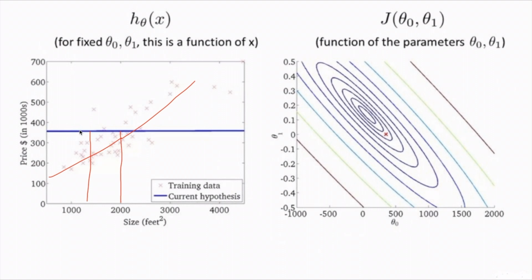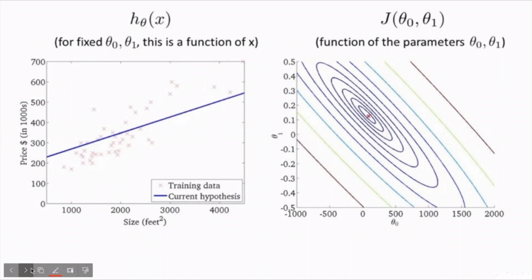It doesn't make any sense, because if we increase the size, the price must go up and up. Here also we can see that the theta 1 value is 0. This means that whatever we change the value of x, the price will not change. Here it is x and it is y. So now let's move on.